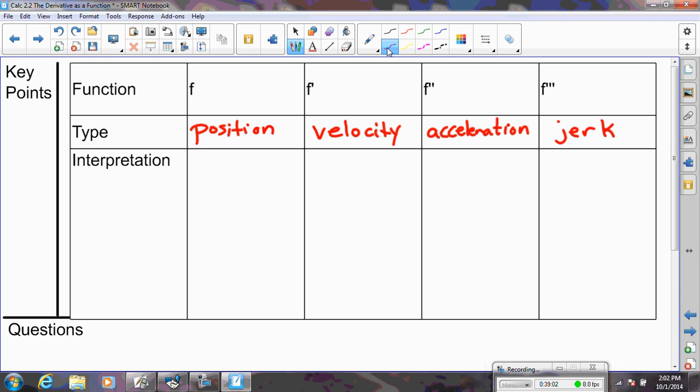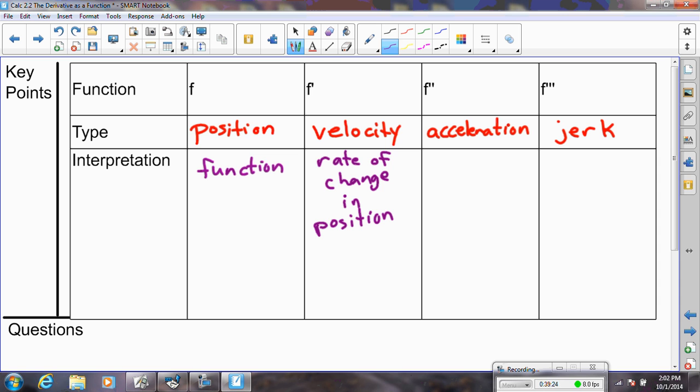They show up. Okay, so for the interpretation, I actually just said these pieces. That's the original function. And velocity is the rate of change in the position or in the location.